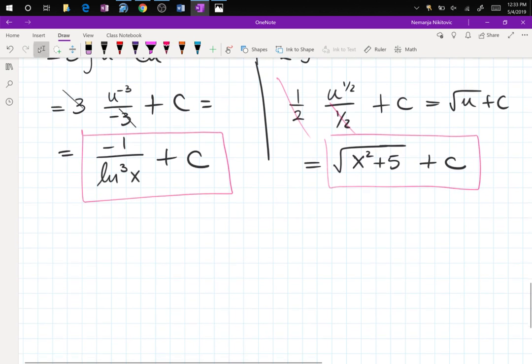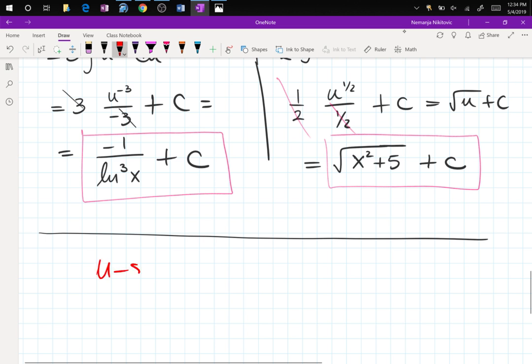Now, is this it? No. There is a second part to this, which has you calculating definite integrals using u sub. So now we get to add another component: u sub for definite integrals.